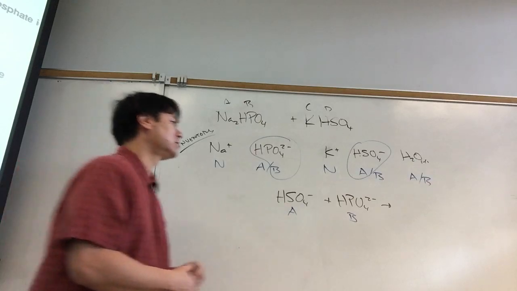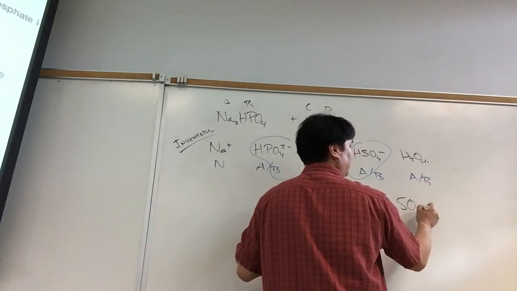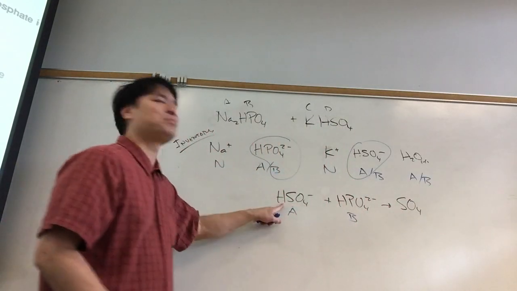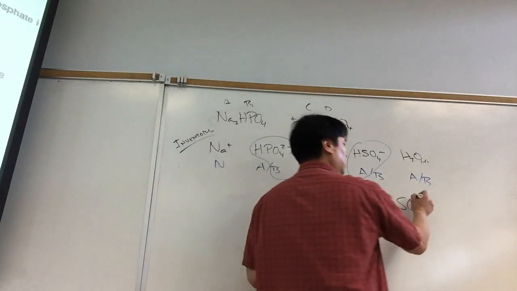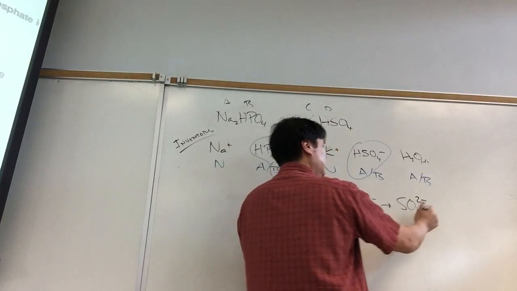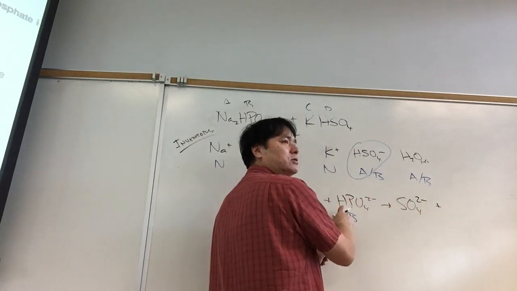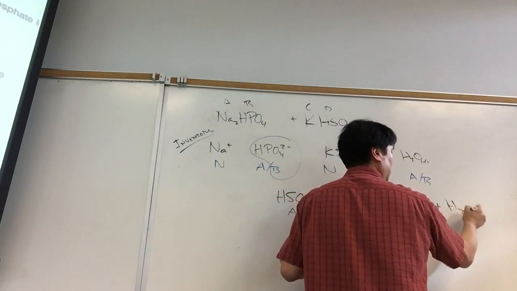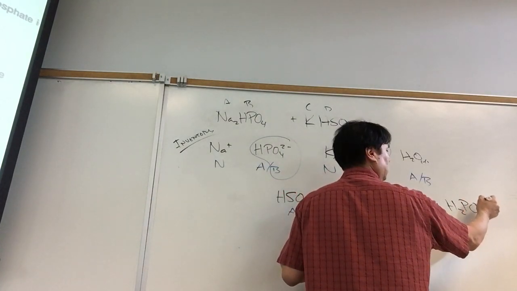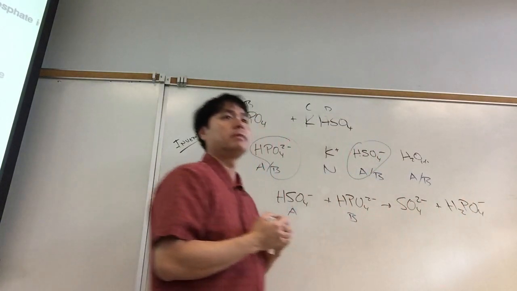The acid loses, so we're going to be left with SO4. We just have to figure out the charge. It loses an H plus, so it loses one positive charge, which makes the charge less. So we form sulfate. The base gains a proton, so it's going to have not one but two hydrogens. So it's going to be H2PO4 with a minus charge.